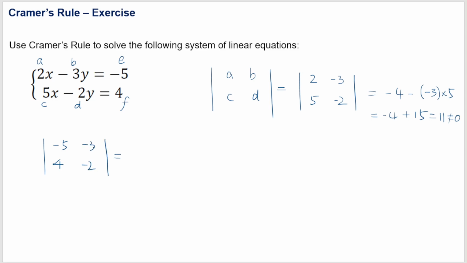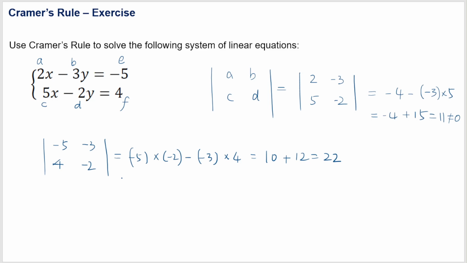This gives us -5 times -2 minus -3 times 4, which is 10 plus 12, which is 22.